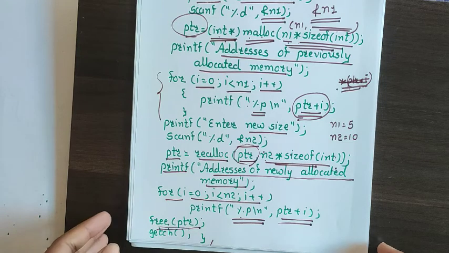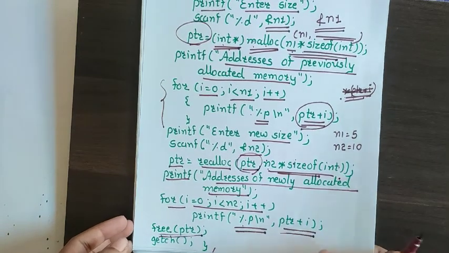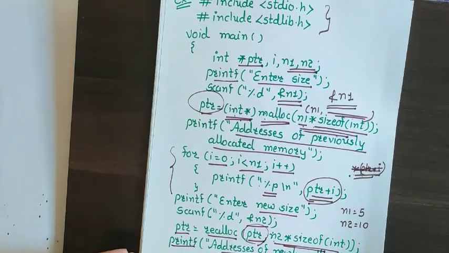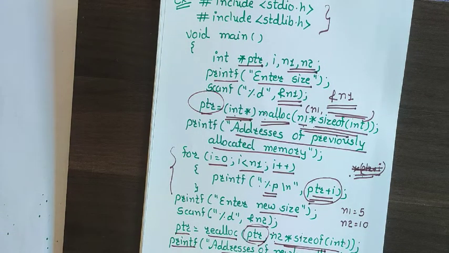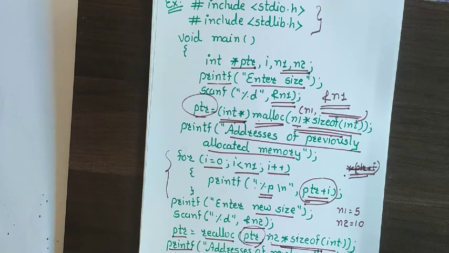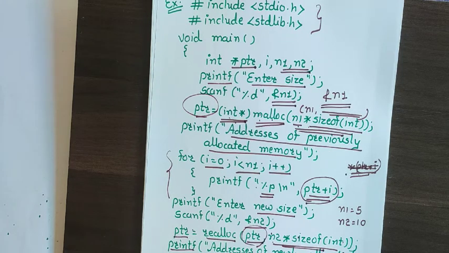You can try this practical and you can see the difference, how reallocation is done, how memory allocation with malloc is done, memory allocation with calloc is done, right? You can try different examples. Open your Turbo C, write down this program, and see the result, right?